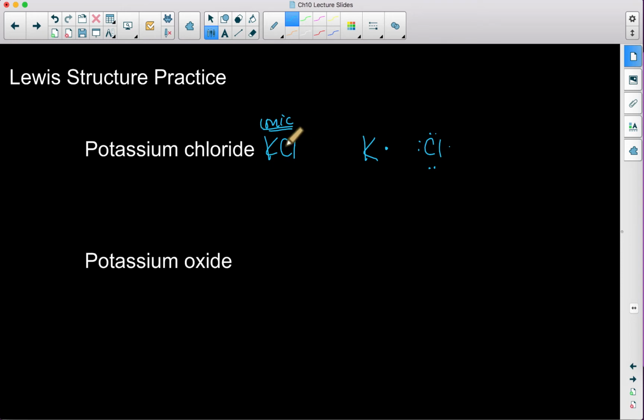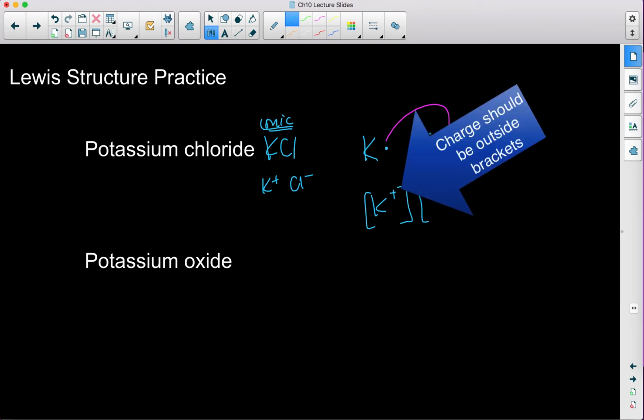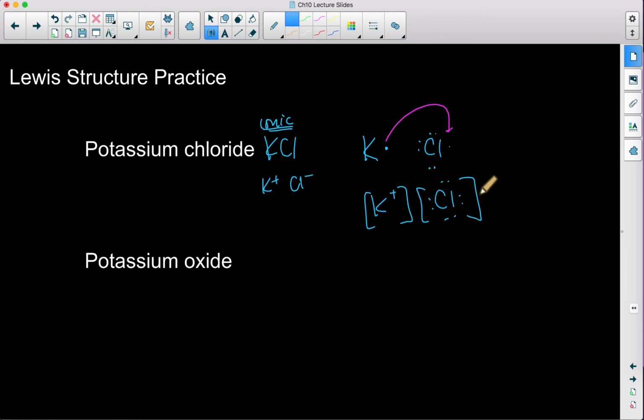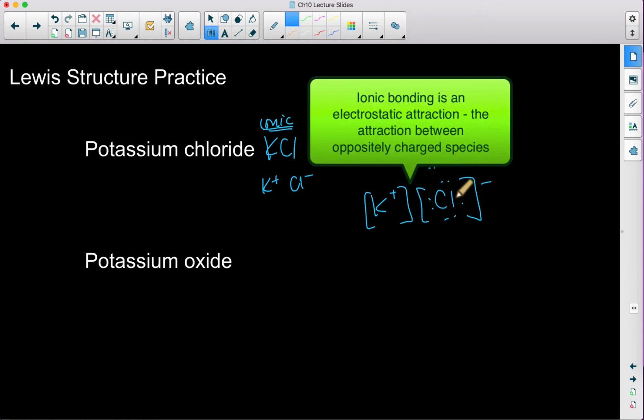We already know this is the formula, because this has a plus charge and this has a minus charge. In order to become a plus charge, what has to happen? It's going to give its electron over here, which means that now we have K plus and Cl minus, all hanging out together.